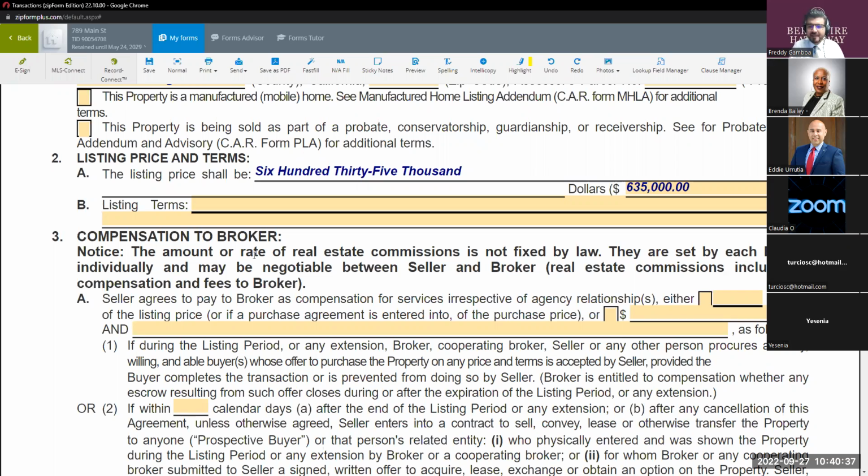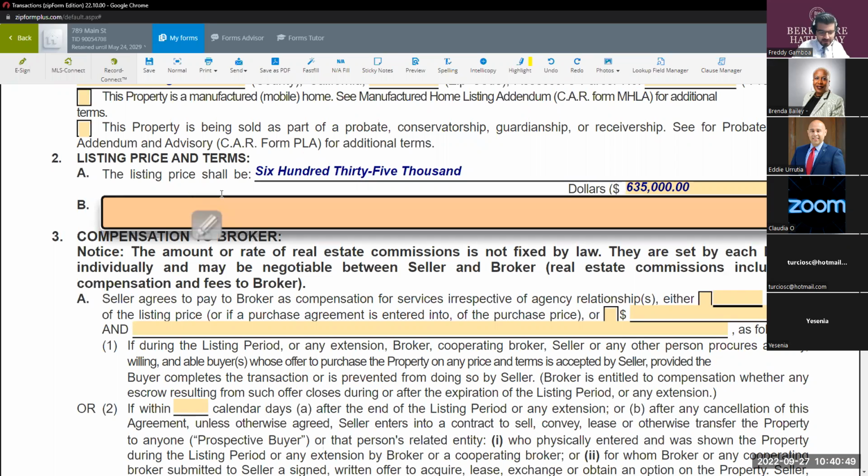Maybe a change in price if it doesn't sell within X number of days, something like that. Yes, very good, Justine. That could be a listing term, like a price reduction. So we could put, if no offers, no activity or traffic, within 2 weeks, seller agrees to lower the price to, and then we could go 620, for example.